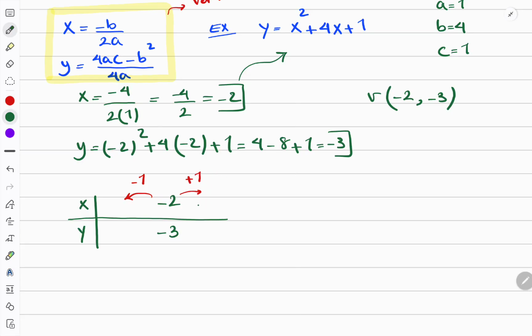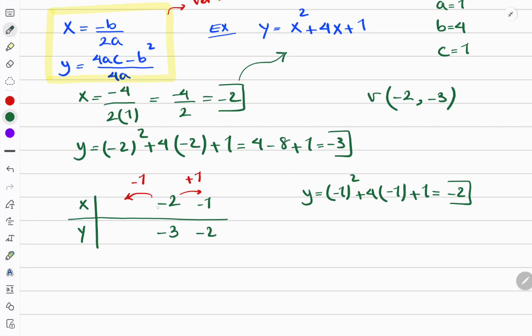Negative 2 plus 1 is negative 1. So if you substitute negative 1 into the equation, we have negative 1 squared plus 4 times negative 1 plus 1. So the answer is negative 2.